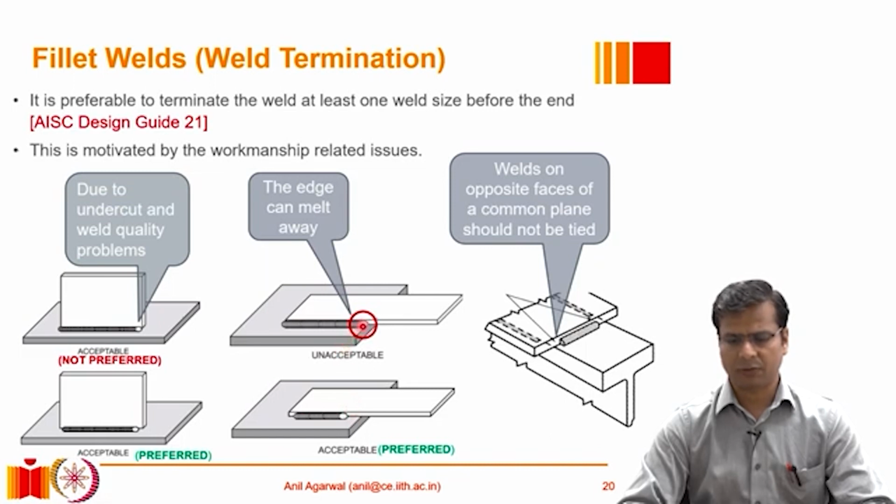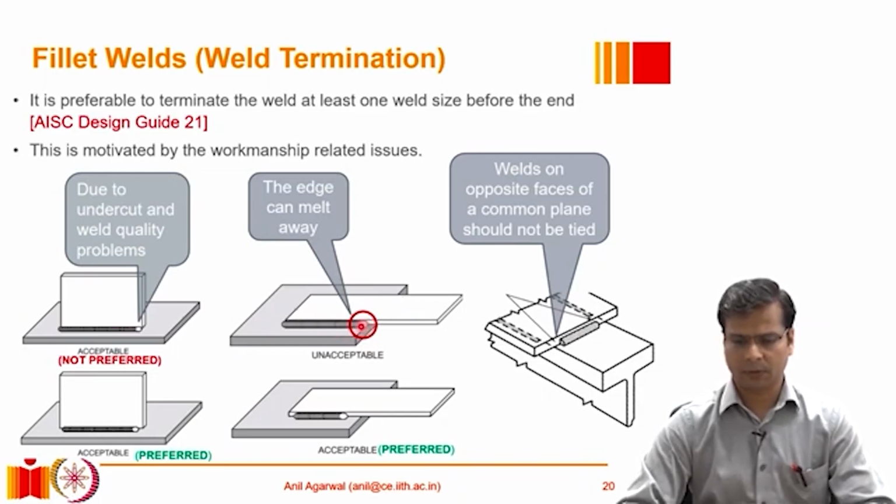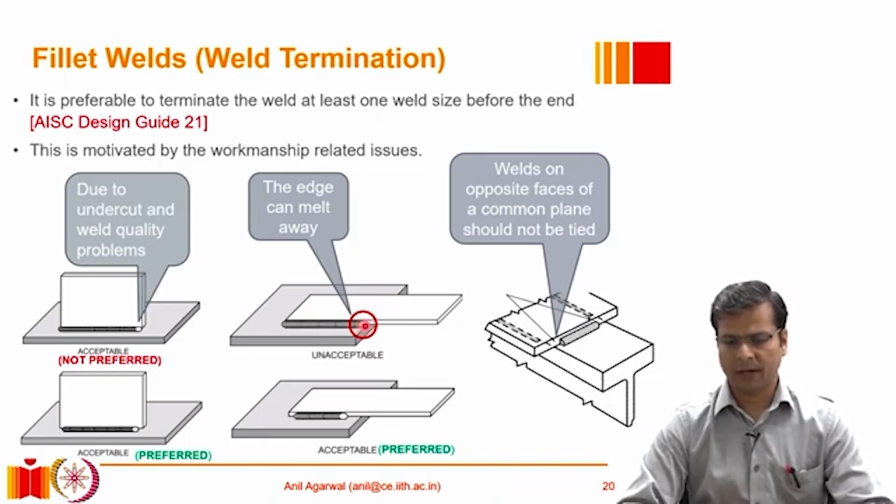In this type of situation, in fact, where one of the plates is extending beyond the other plate, it is not even acceptable to stop the weld at this edge. It is in fact mandatory to stop the weld slightly before that edge, because again at that edge there is a possibility that the edge may melt away and reduce the overall cross section, and it can also lead to unwanted sharp corners in that location.